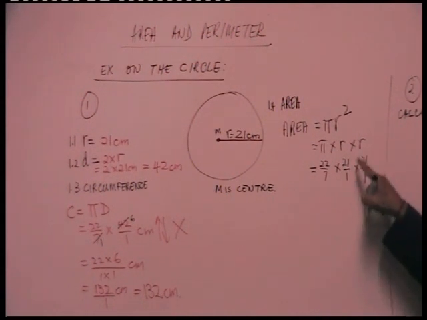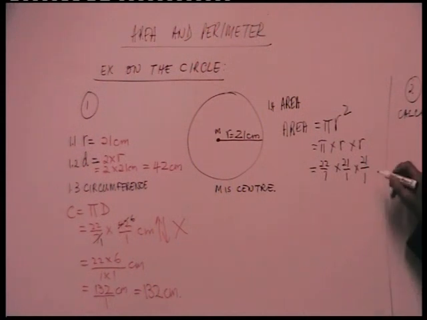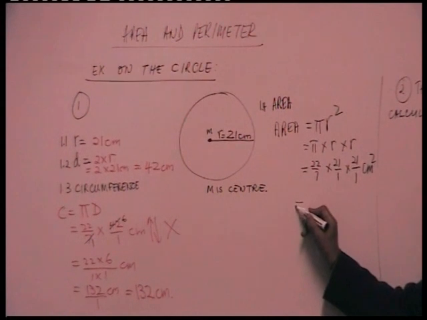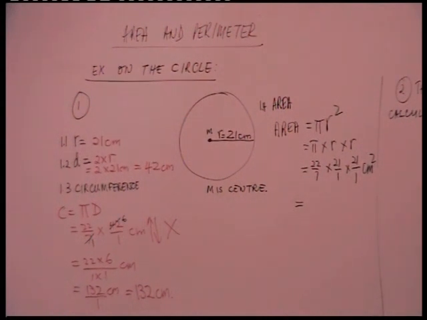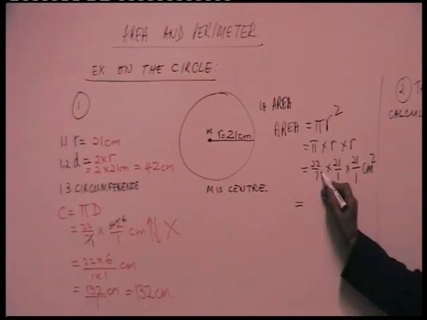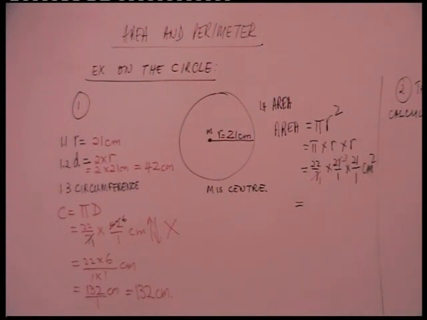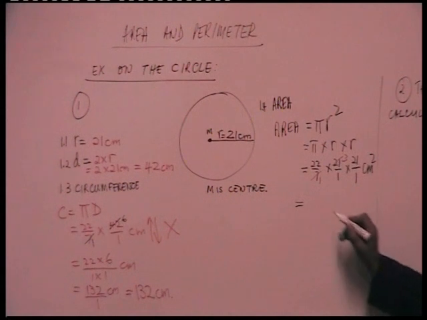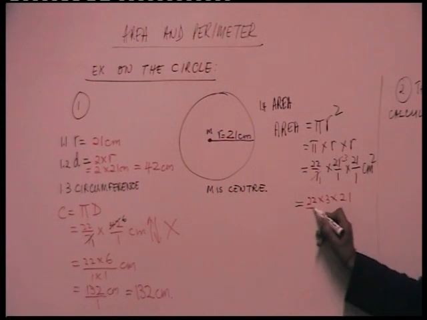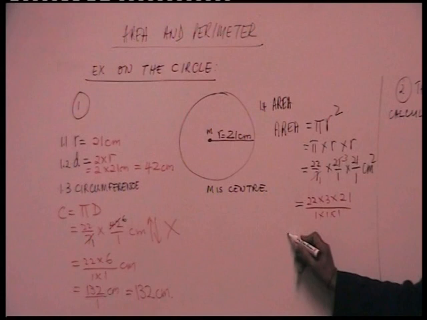Remember, there's r here and there's r here, and the answer will be centimeter squared. Then you're going to try to cancel. 7 will cancel here 1 time, 7 will cancel here 3 times. Now you'll have 22 times 3 times 21 all over 1 times 1 times 1.